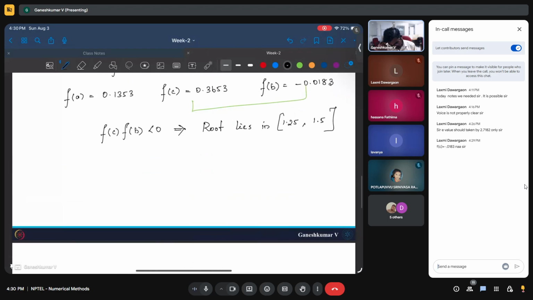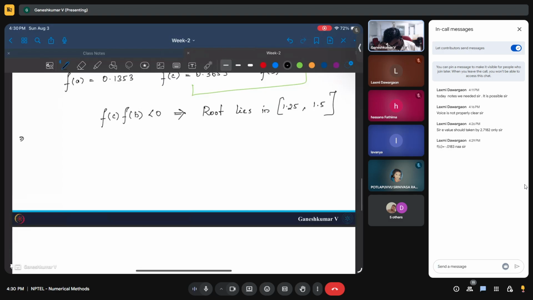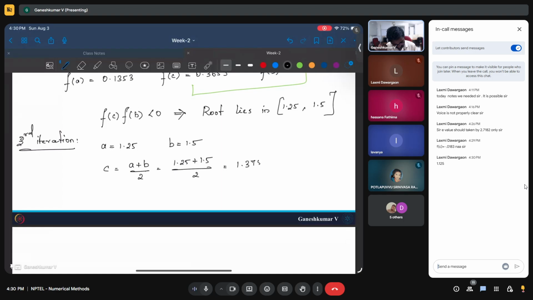So now how would your third iteration be? For the third iteration, you will take A to be 1.25 and B to be 1.5, and hence C will be A plus B by 2. Okay, 1.25 plus 1.5 divided by 2 is going to be something like 1.375.